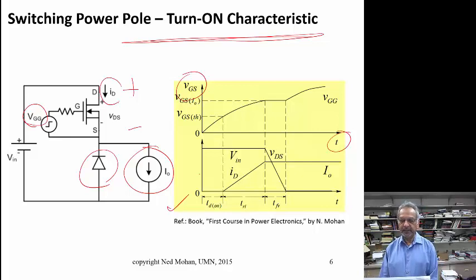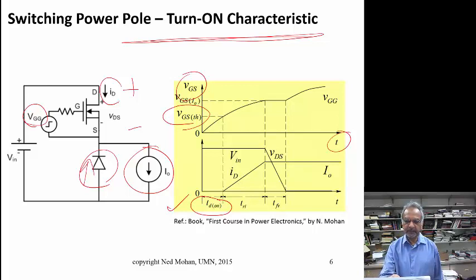So you see that when we increase the gate voltage, apply the gate power supply here, the gate to source voltage rises, and nothing happens until it reaches the threshold level, and so that represents this delay time here in the turn-on characteristic. And beyond that, then current begins to rise through the FET, but while the current is rising, there's still some current flowing through this diode, and therefore, assuming this diode to be ideal, the voltage across the FET remains at Vin as shown here.